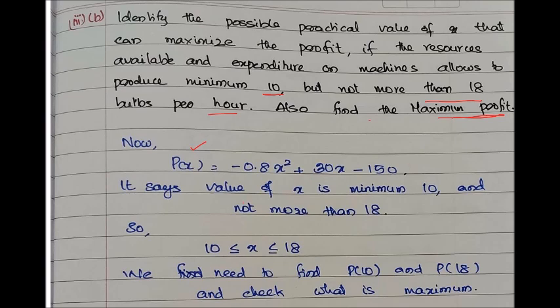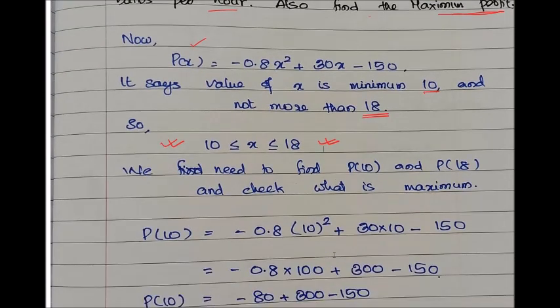It says that the value of x is minimum 10 and not more than 18. So we can write the interval 10 ≤ x ≤ 18. So we need to find P(10) and P(18) and check what is the maximum value.